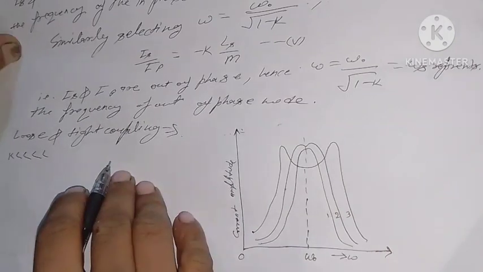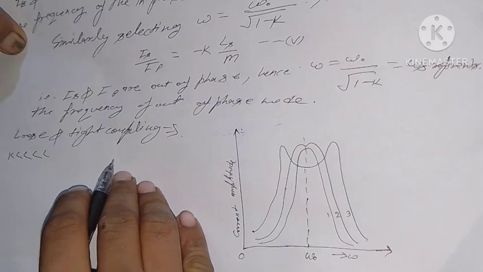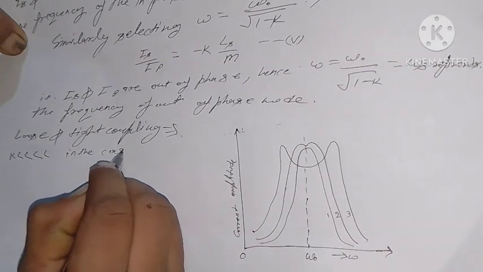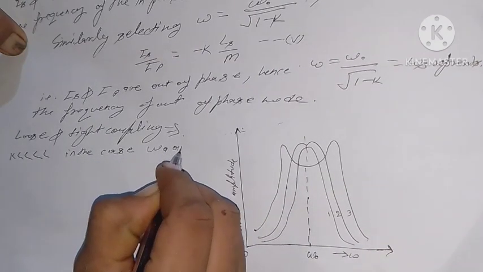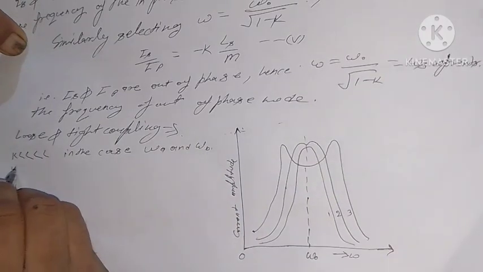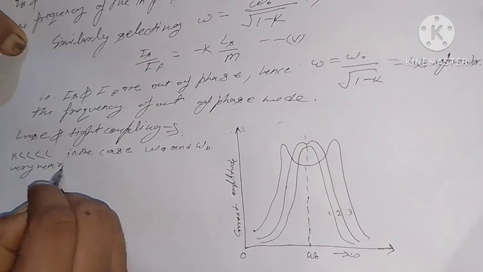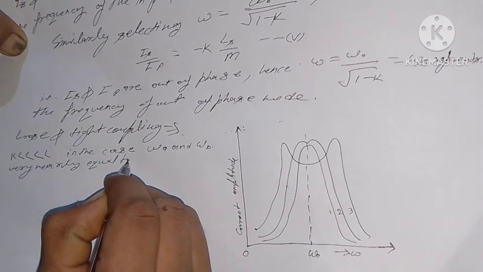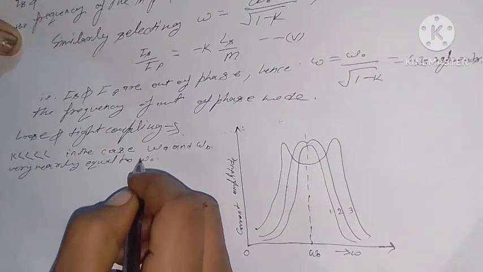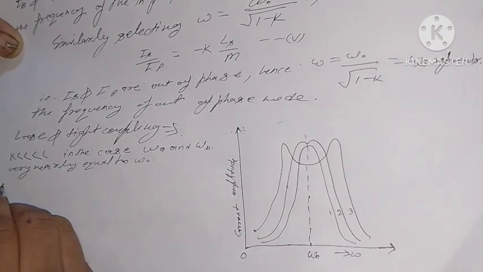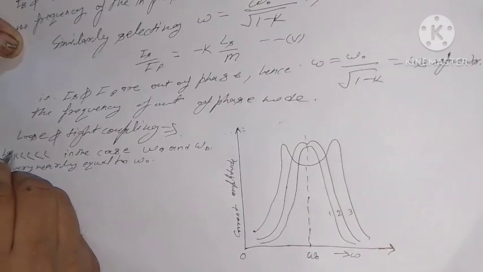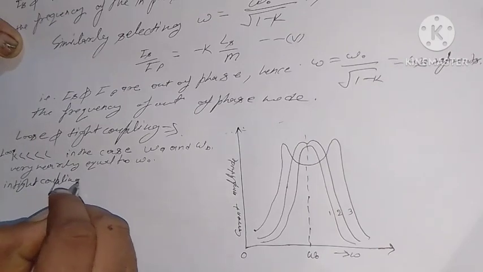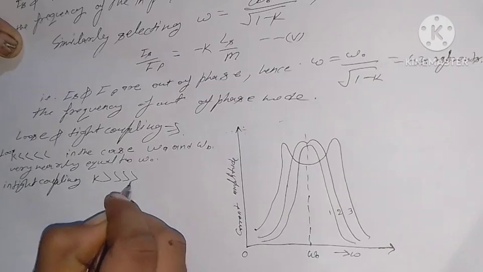In this case, omega A and omega B are very nearly equal to omega naught. In tight coupling, K is large.